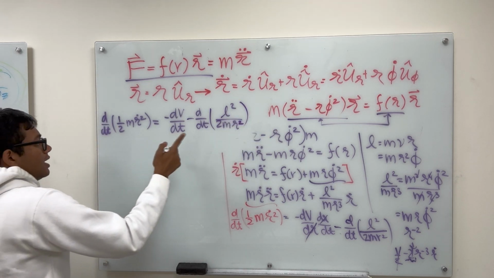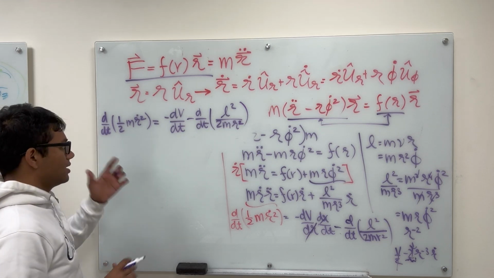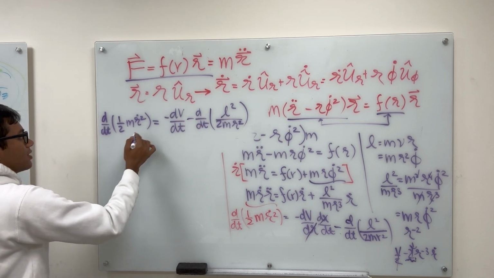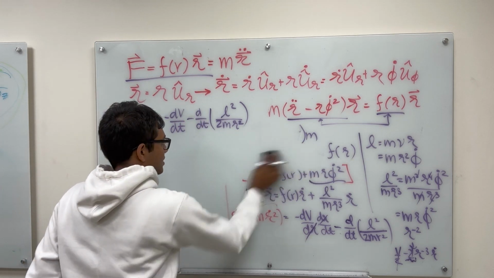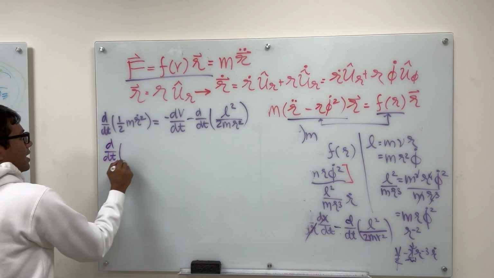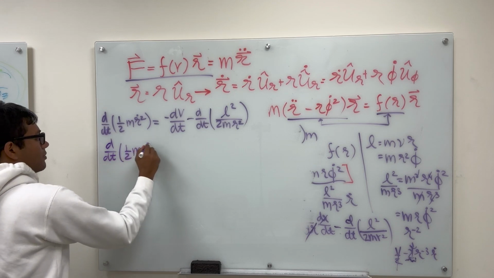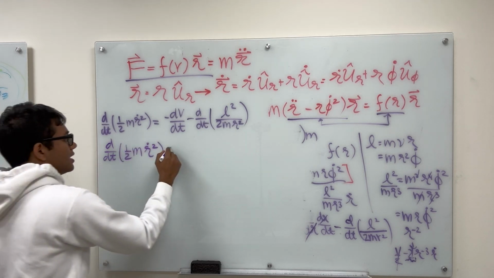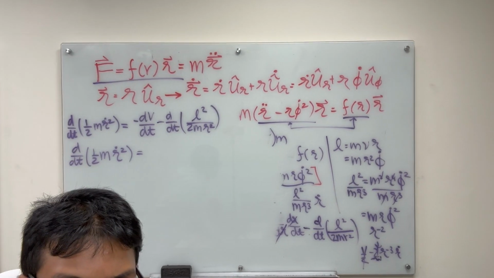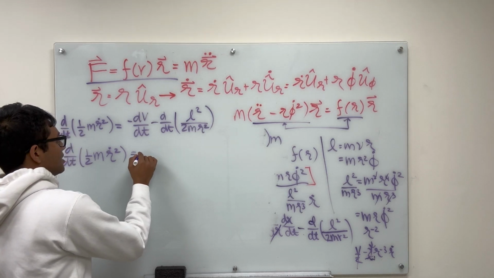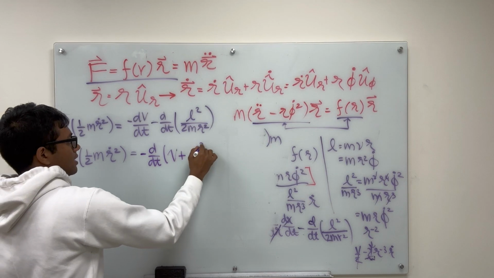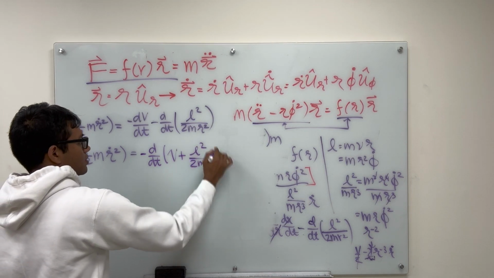Okay, so am I missing anything? Hopefully not. Now if I go ahead and bring everything over to the left-hand side, what do I get? I've got d/dt of my kinetic energy term, 1/2 m r dot squared, equal to minus d/dt of the potential plus L squared over 2 m r squared.